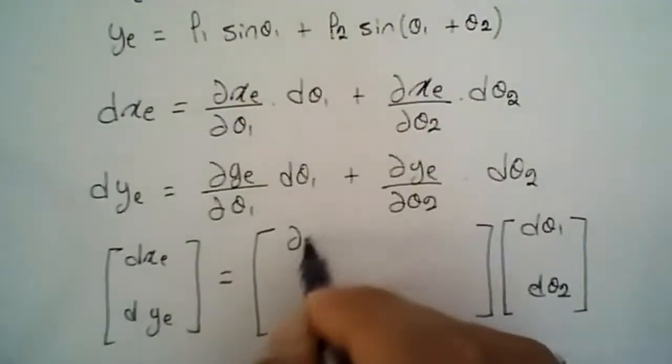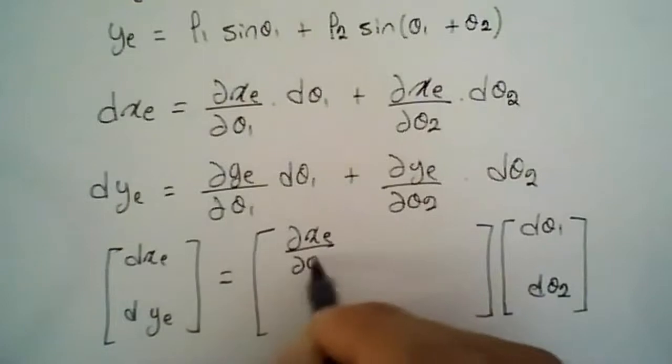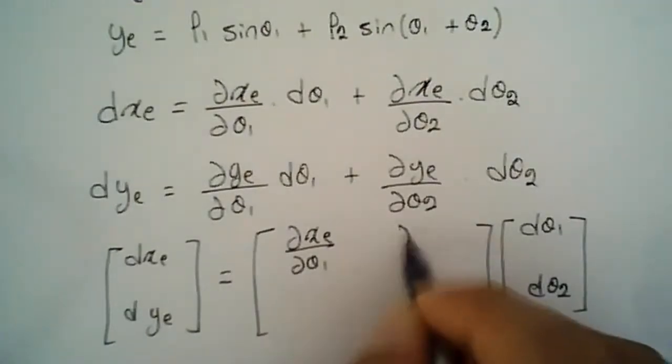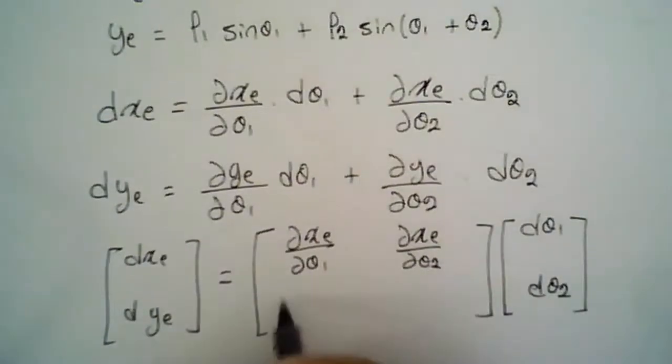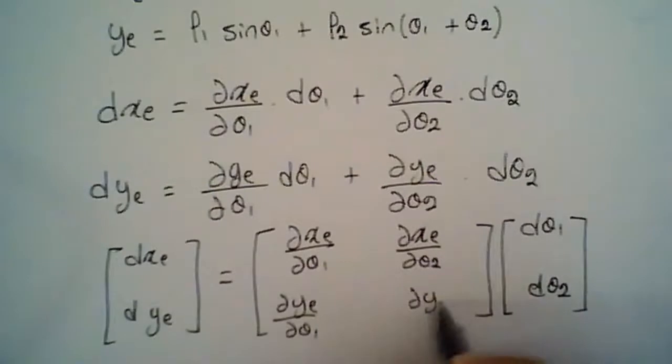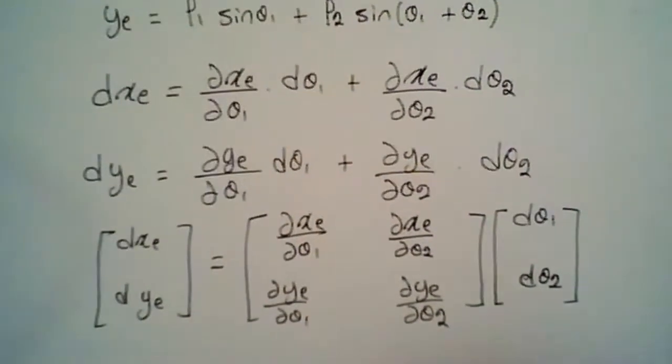So I can write it like that: partial xe over partial theta 1, and then partial xe over partial theta 2, and then here I have partial ye over partial theta 1, and here I have partial ye over partial theta 2, right?